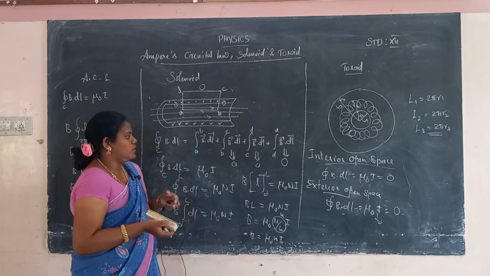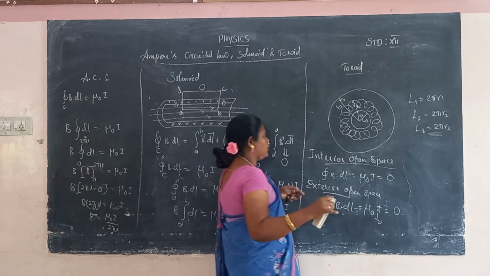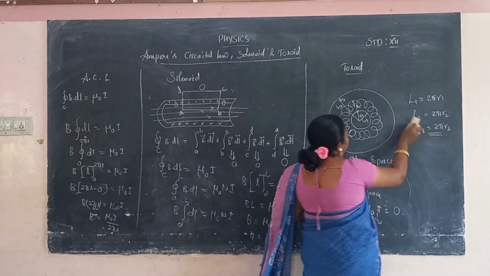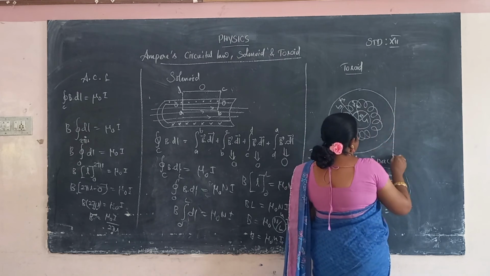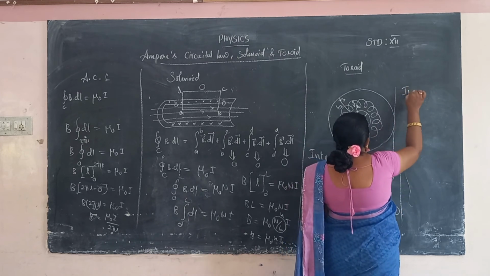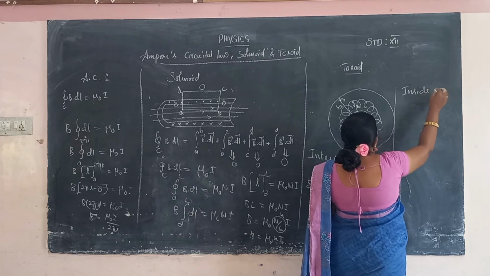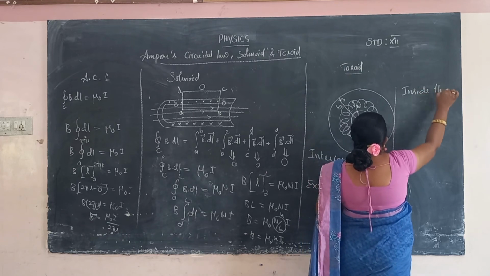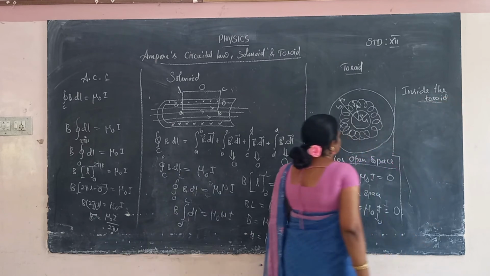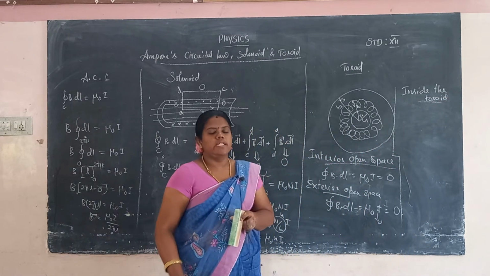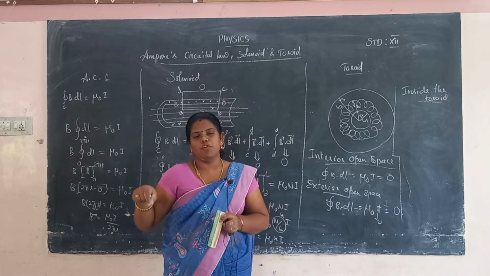And then inside of the toroid we want to calculate. How will you calculate it? Inside the toroid, it acts as a circular form of solenoid.